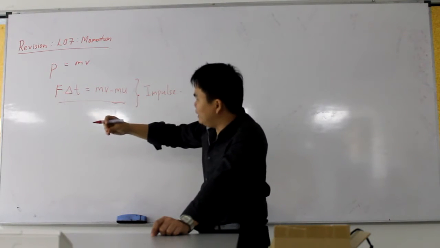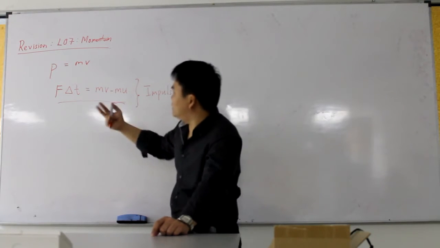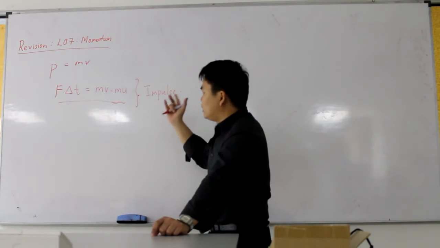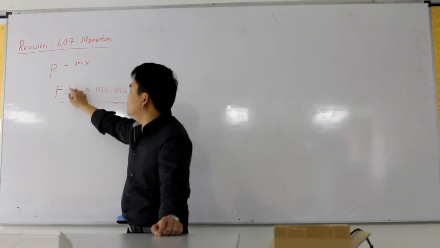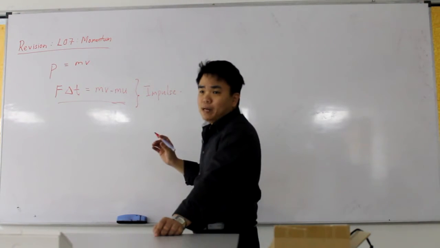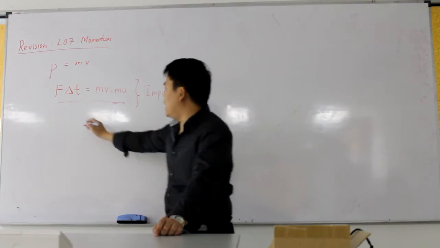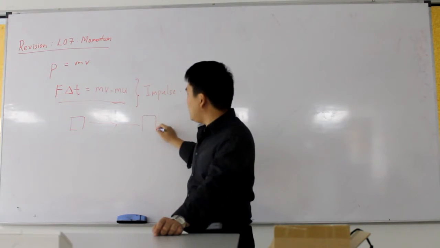Initially, it has a speed u, and after that it becomes speed v and hits something, or it changes something, and this is the force of impulse times the time taken, equal to the impulse. One example is during a collision, let's say a car. This is a car. It hits another car here.